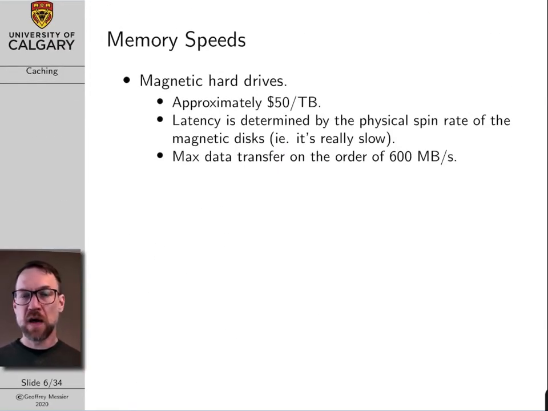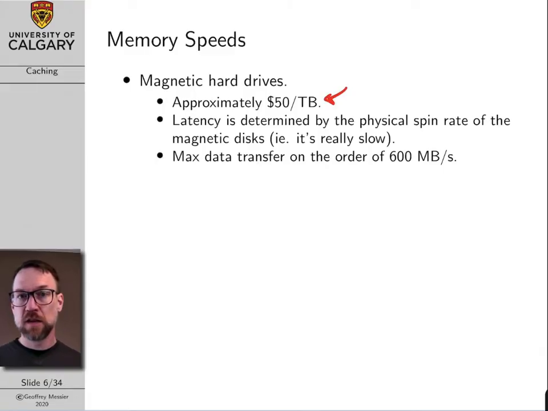And finally, magnetic hard drives are still a thing. This used to be the dominant form of non-volatile storage. Very quickly now, solid-state drives are overtaking them, but they still have a purpose. They still are very cheap, about a third of the price of solid-state drives, at least as of right now when I'm recording this video.